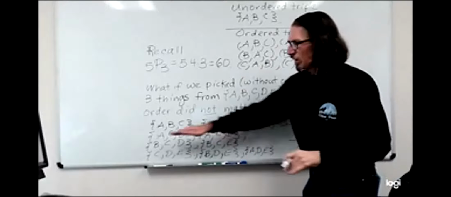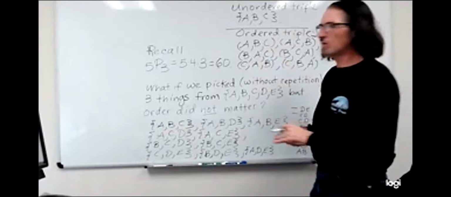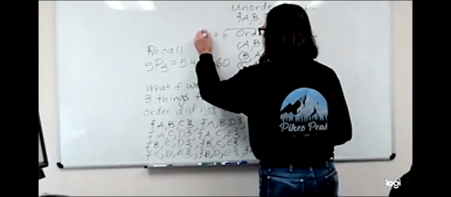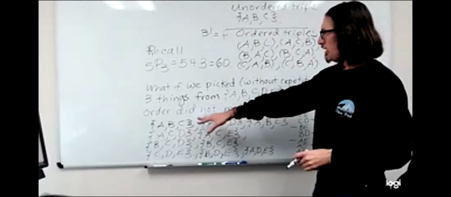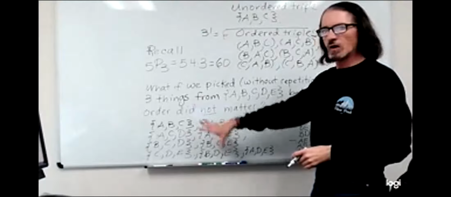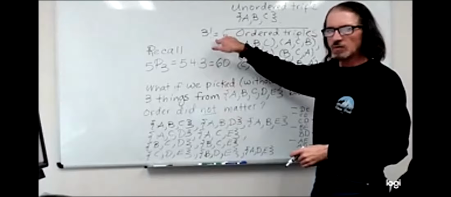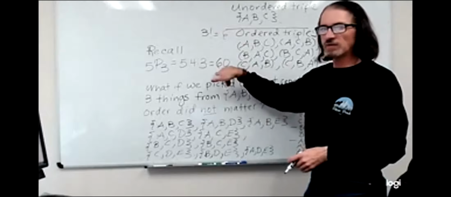For all of these 10, I could come up with 6 ordered triples, which is 3 factorial. So there were 10 unordered triples, but if I multiplied by 6 to find out how many ways to put them in order, I would get that 60.